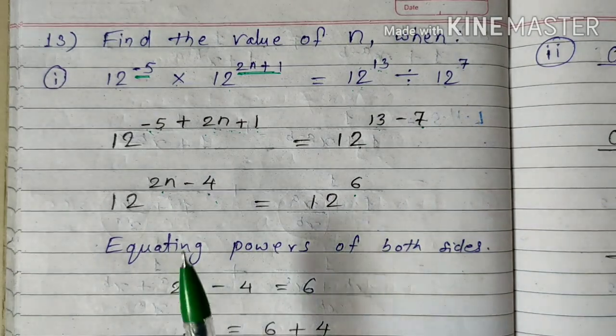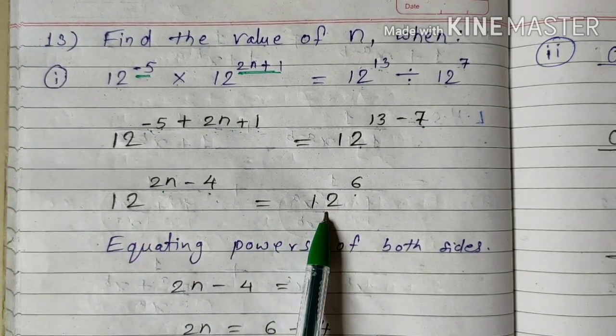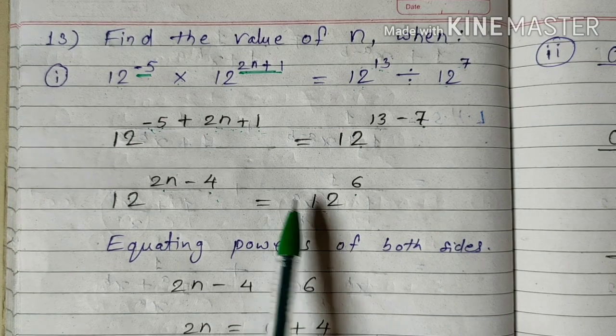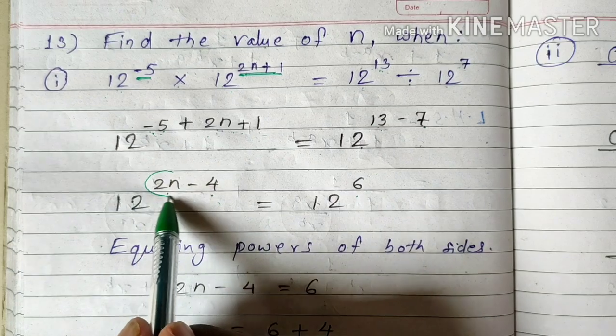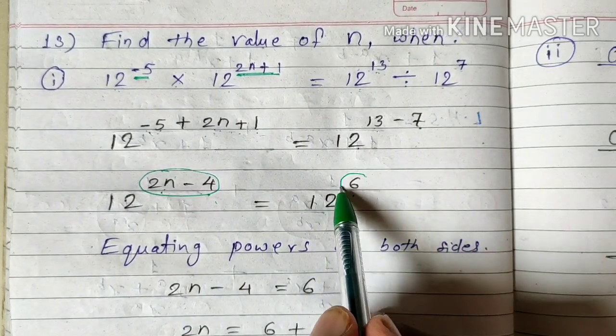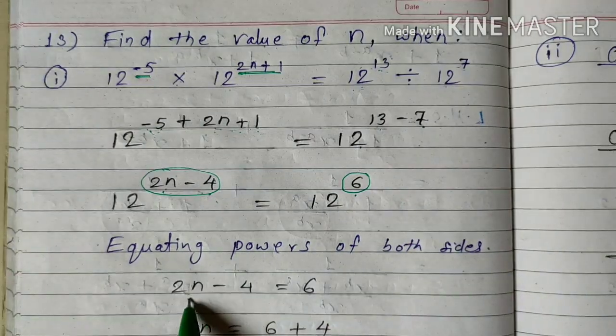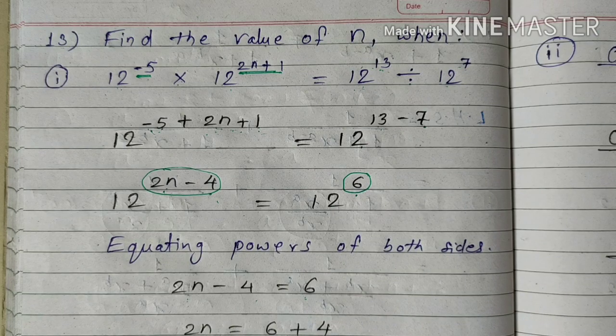12 raised to 6. Now on both sides the bases are equal and that is 12, so we can equate their powers. 2n minus 4 equals 6.